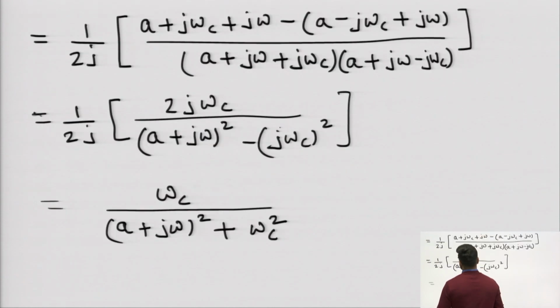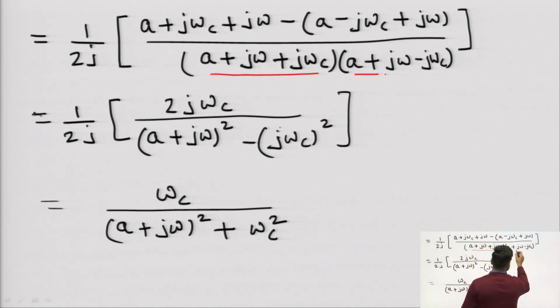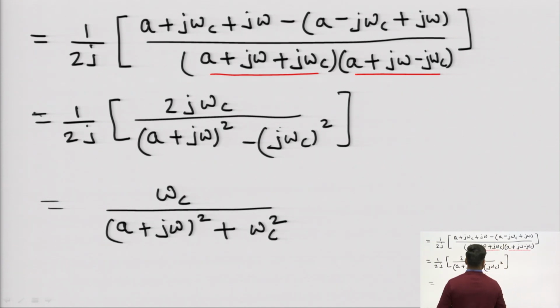So, on further solving, we will get in the numerator (a plus j omega c plus j omega) minus (a minus j omega c plus j omega), and in the denominator (a plus j omega c plus j omega) and (a minus j omega c plus j omega). In the numerator, a and a will cancel out, j omega c and j omega c will get added, and j omega and j omega will cancel out, leaving 2 j omega c.